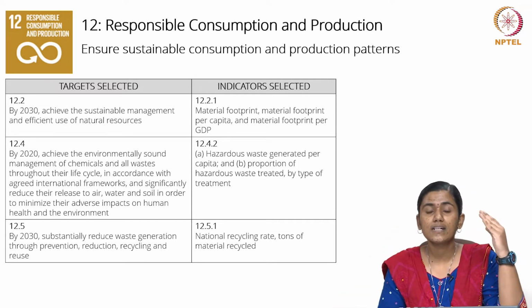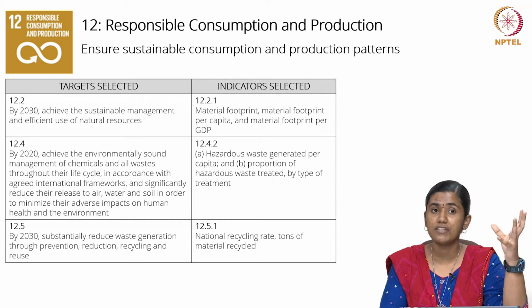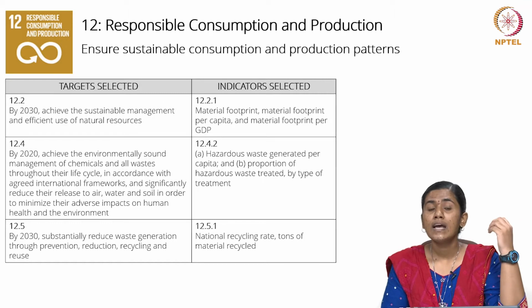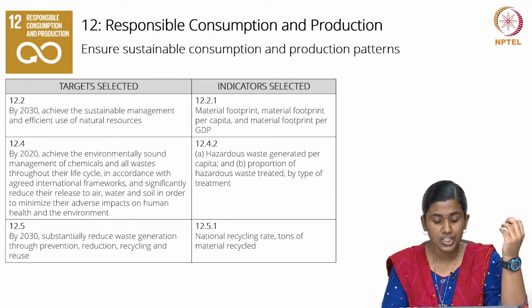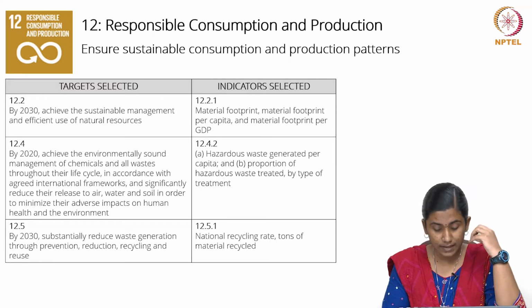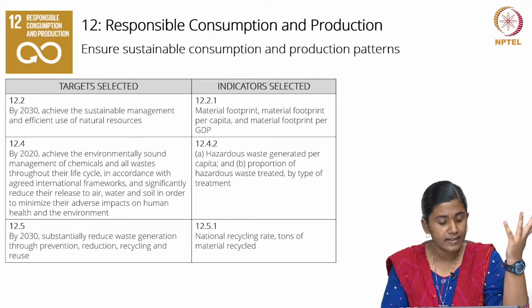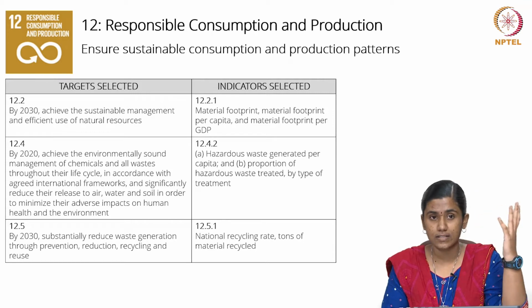In this aspect, I have chosen three particular targets under the UN SDG 12. Target 12.2 is about achieving sustainable management and efficient use of natural resources. The next target is 12.4, which says we have to achieve environmentally sound management of chemicals and all wastes throughout their life cycle and minimize their entry into air, water and soil regions and reduce their impact on human health and the environment as a whole.